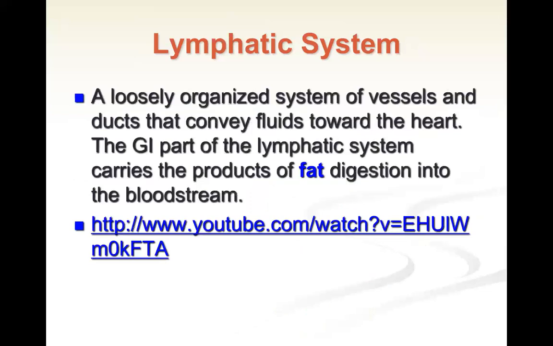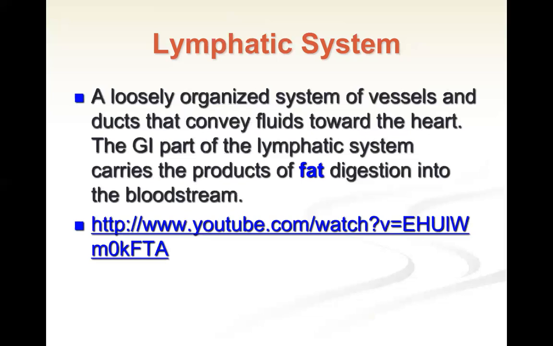Lymphatic system. I highly recommend you watch this video. It really helps explain the lymphatic system. But the lymphatic system is a second kind of circulatory system, and it's organized of vessels and ducts that help move fluid towards the heart.